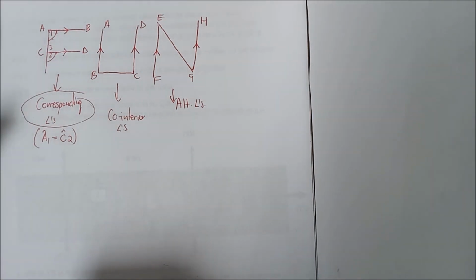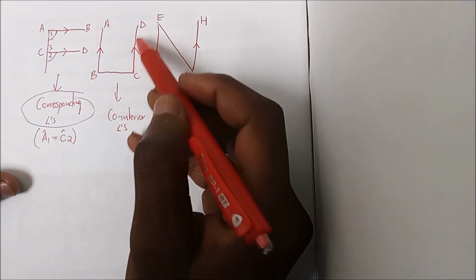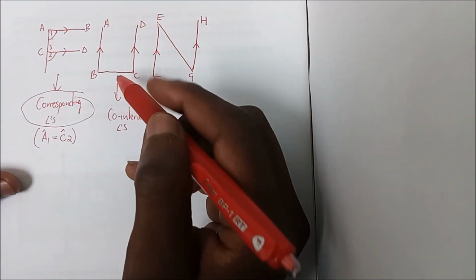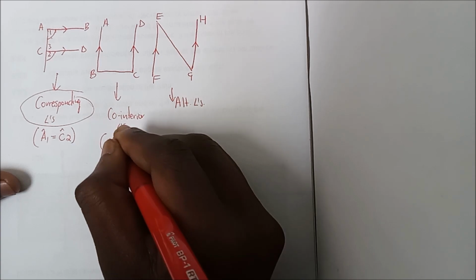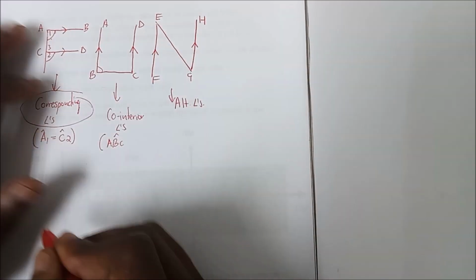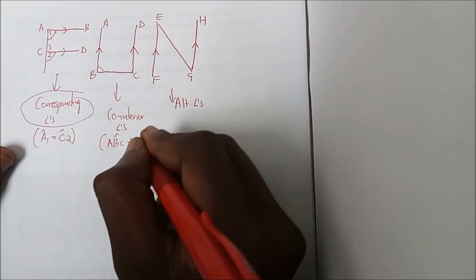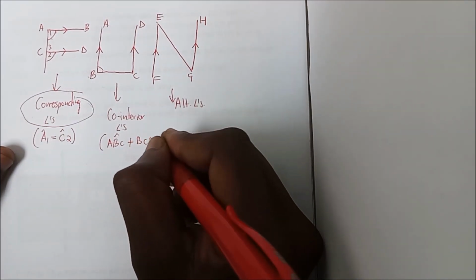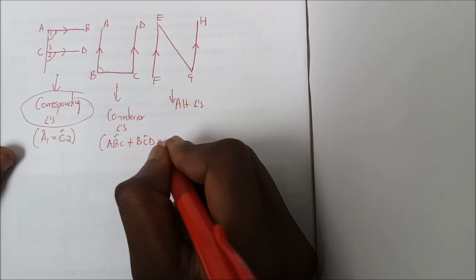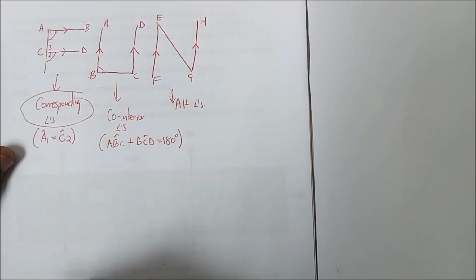I want you to notice that. No problem. Okay, what can we say about this one? What we can say is angle ABC, which we are referring to this angle, plus angle BCD equals 180 degrees.